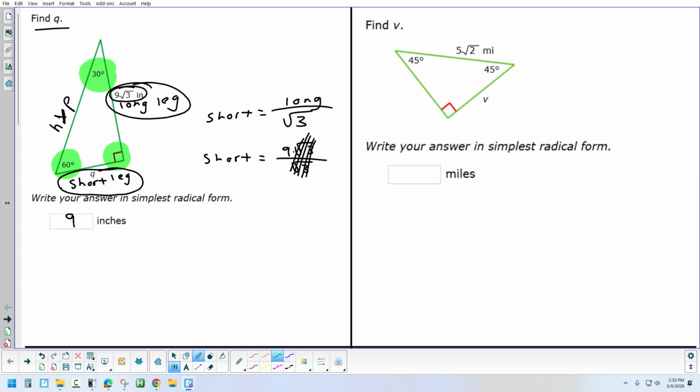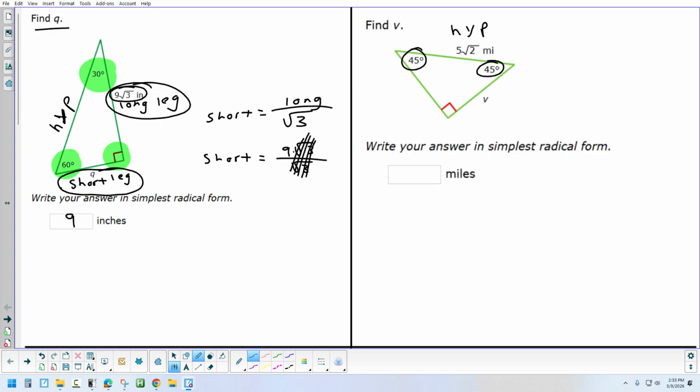All right. How do we know this is a 45, 45, 90? You're going to see the number 45 written twice. Okay. What do we call the side that's across from the 90? Let's start by labeling that. Yep, that's your hypotenuse.